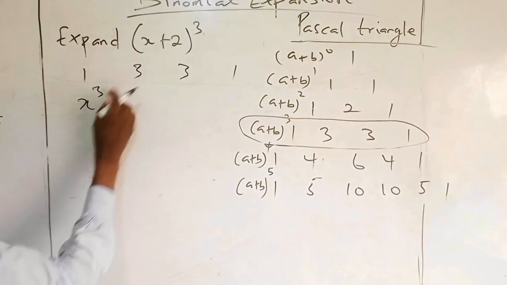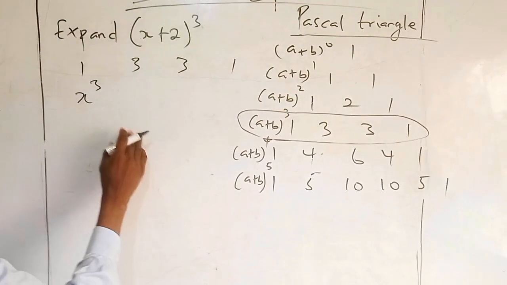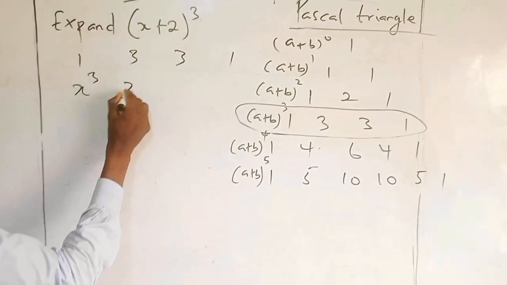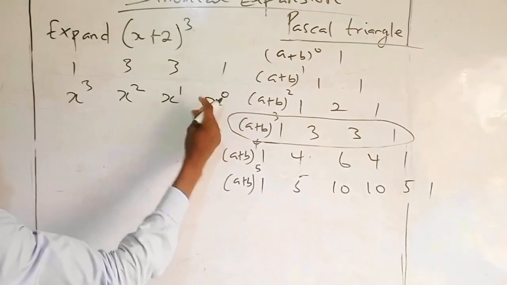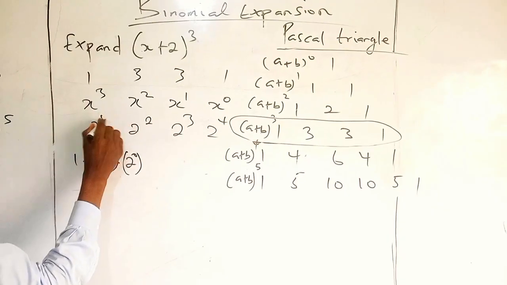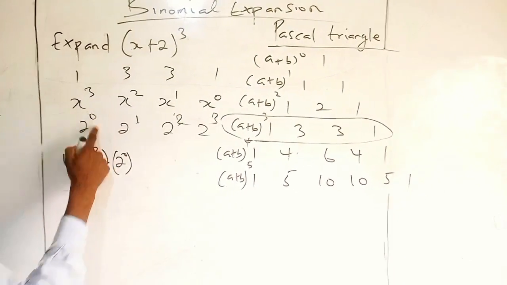As the power of x decreases, the power of 2 increases. What do I mean? From x cubed it becomes x squared, then x to power 1, until it finally vanishes. We start the powers of 2 with 0, 1, 2, 3. So we are starting with 0.